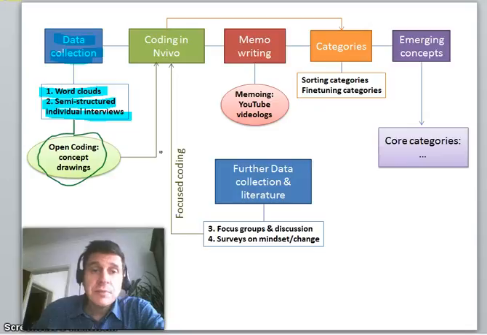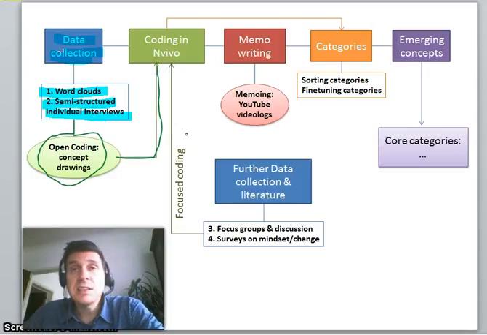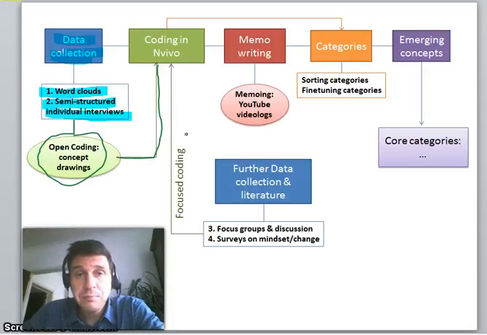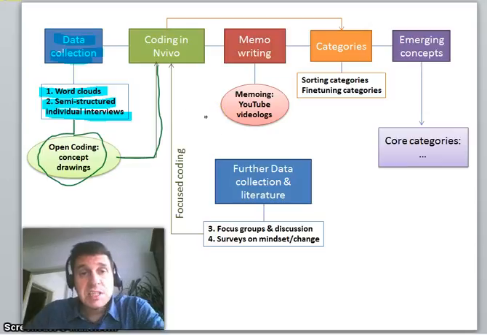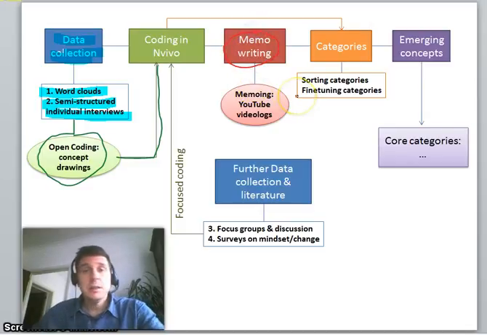Both the word clouds and the semi-structured individual interviews were put into the computer-assisted qualitative data analysis software NVivo. During the process of those first data collection techniques, I already started to create memos, reflecting on the process, thinking, analyzing, incubating ideas.